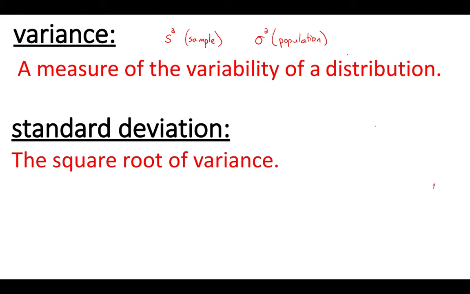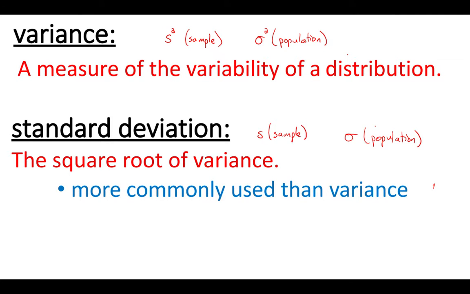If we're talking about standard deviation, we're just going to use the letter s for a sample. So you can see there it's just the square root of the variance. Or you could also say the variance is just the standard deviation squared. And then for a population standard deviation, we're going to use just sigma. The formula changes slightly if you're talking about a sample versus the population.